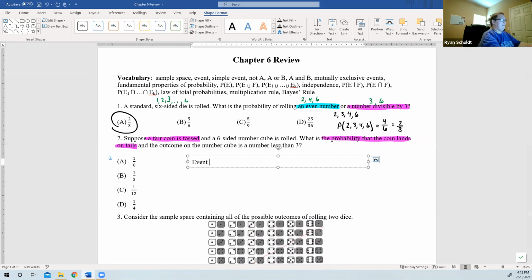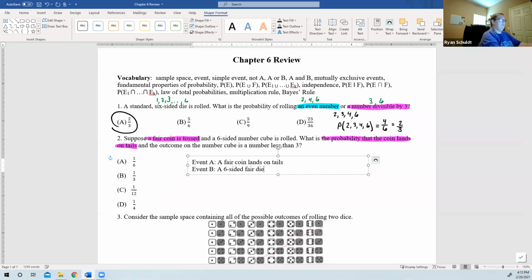Event A is going to be the coin, a fair coin, lands on tails. Event B, a 6-sided die. That's all a number cube is, a 6-sided die.